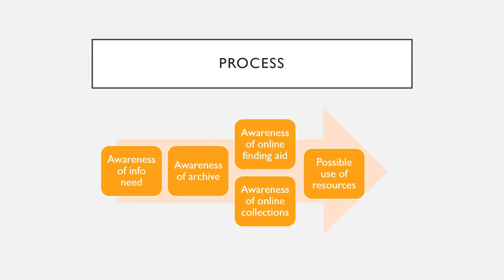The next step, which may or may not occur, is them being aware of an archive and the possibility that a particular archive contains the information that they're looking for. And this is obviously why outreach is very important, because if a researcher has an information need, but they don't know A, that an archive exists, or B, that an archive might have resources that will help them solve their information need, then they're probably not going to use the archive, right?